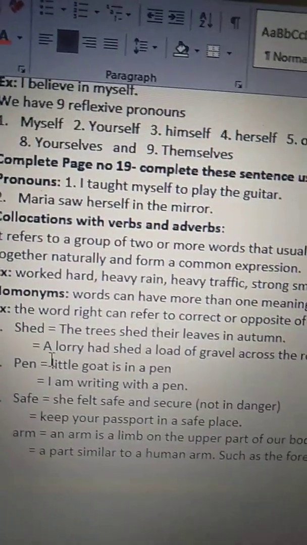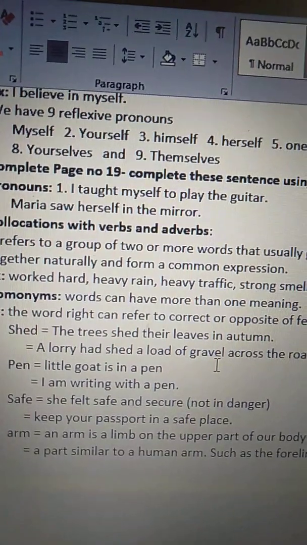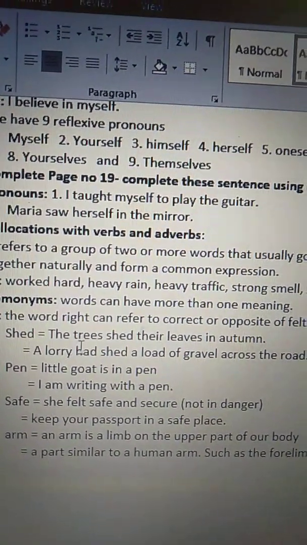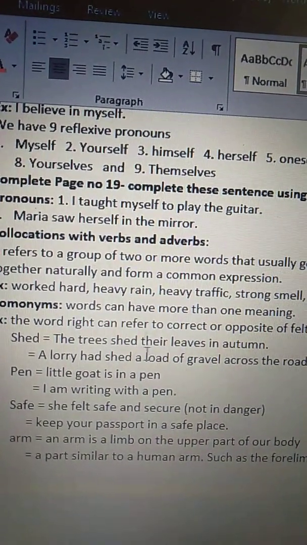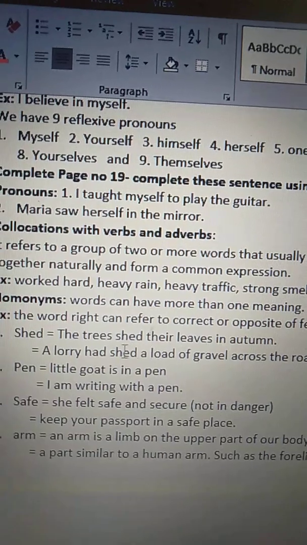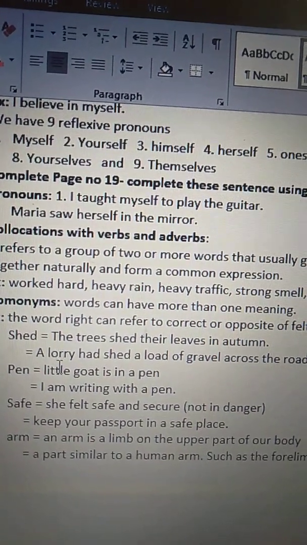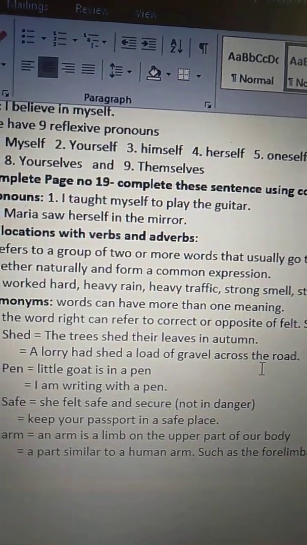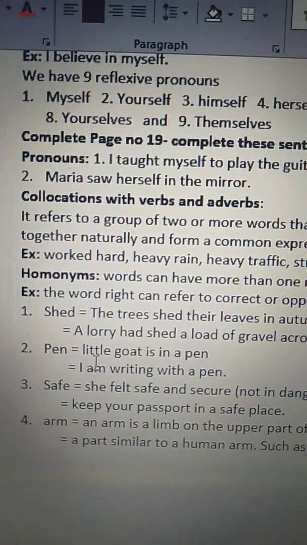See here, a lorry had shed a load of gravel across the road. So here we are using shedding leaves of the trees, and we are using the same word for a lorry had shed a load of gravel across the road.